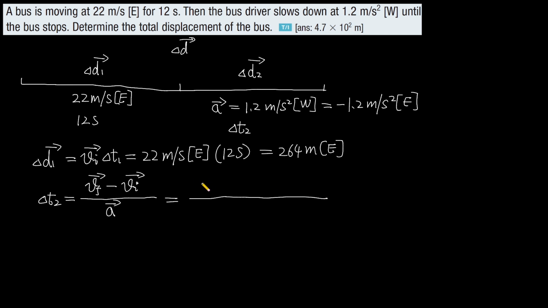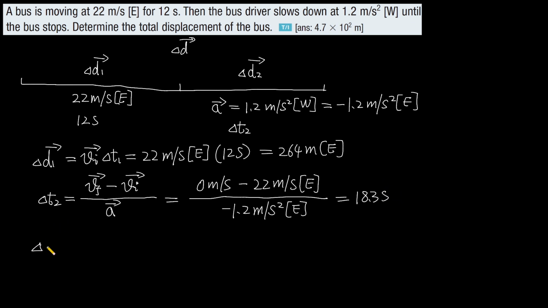The final velocity is 0 meters per second, minus the initial velocity, 22 meters per second east, and the acceleration is negative 1.2 meters per second squared east. Now this equals 18.3 seconds.